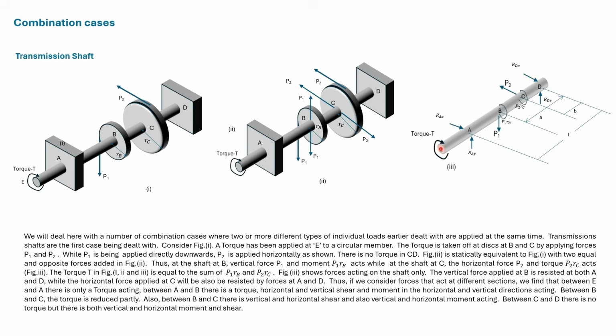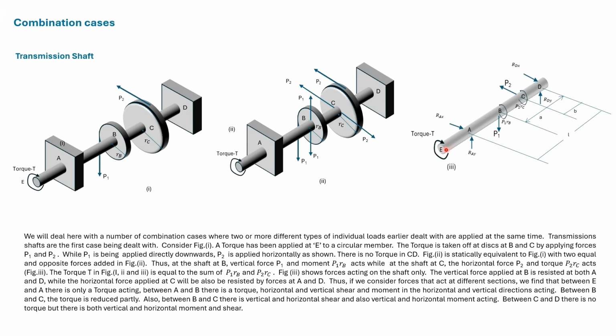When it comes to torque, between E and B, the torque in a section remains the same. Between B and C, the torque in a section is reduced, and between C and D, there's no torque in a section.